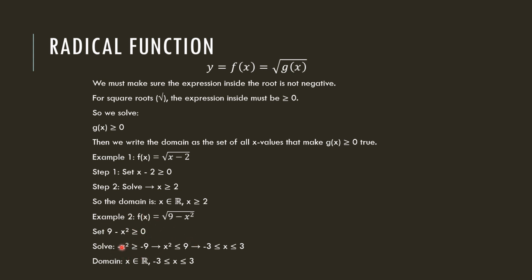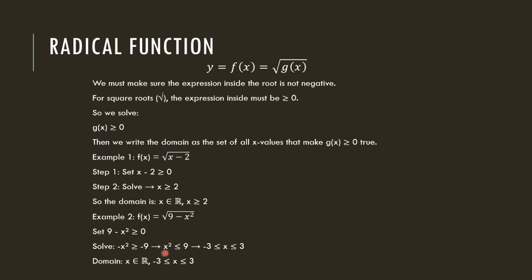When you solve it, the range that makes this inequality true is from -3 less than or equal to x less than or equal to 3. Only that range will give us an answer for this function without putting it into an error form.